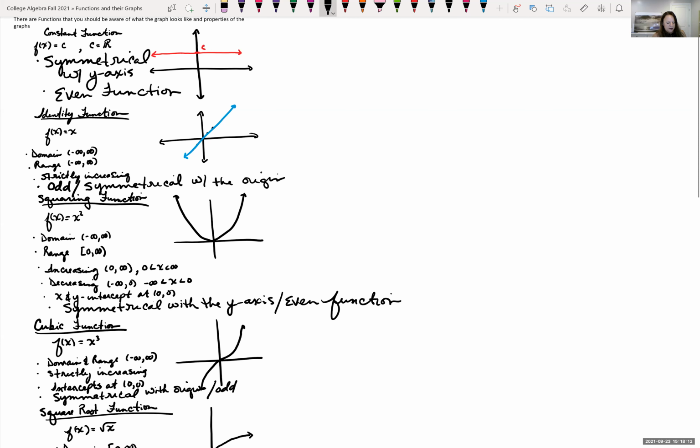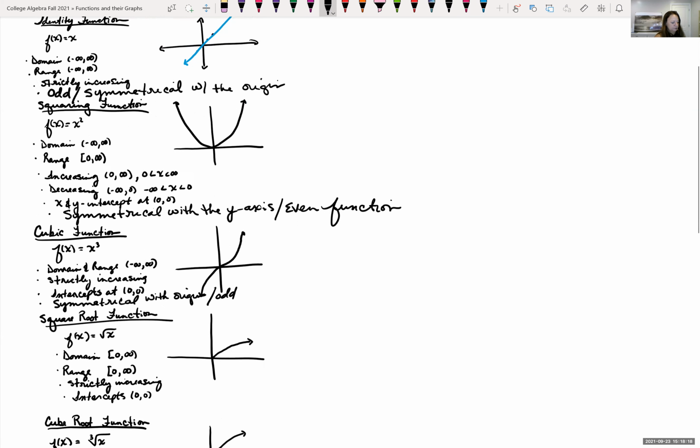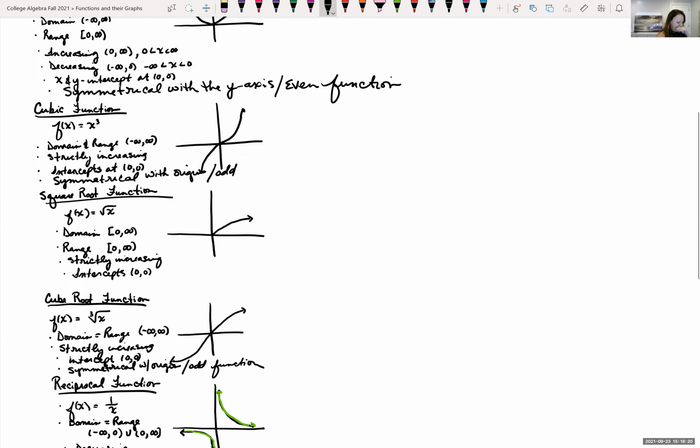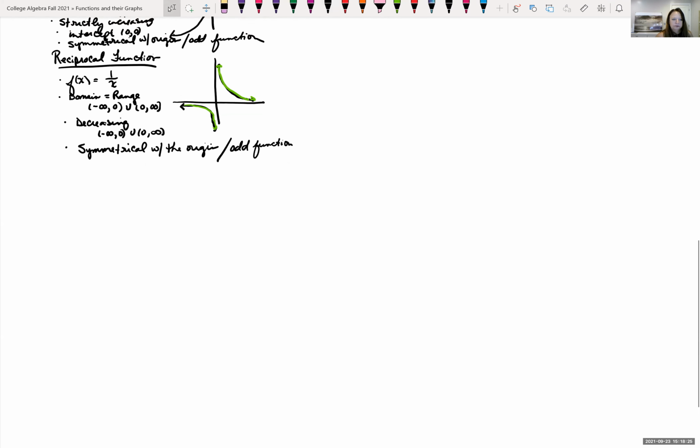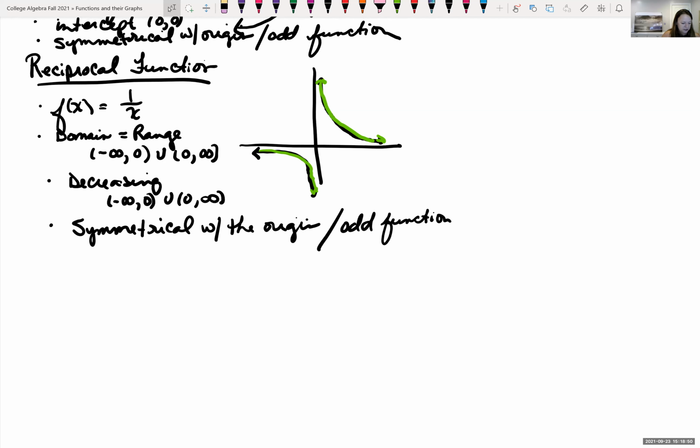So there's one other function, which is called the greatest integer function. So let me pull that up. Okay, so the greatest integer function. I'll show you how they write it.